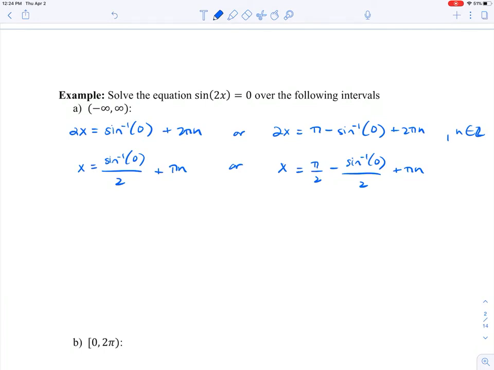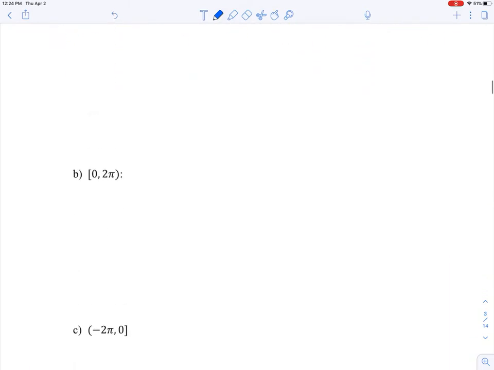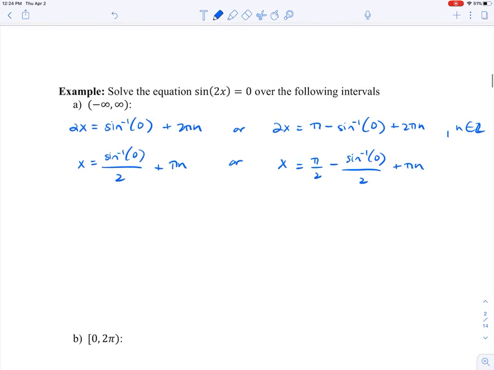Now, inverse sine of 0, we know what that is, right? Since 0 is a ratio that's from the unit circle, we can simplify this further. But technically, this would represent the general solution set. Since we're taking the inverse sine of a ratio that we know from the unit circle, we can simplify our answer slightly more, so that it's more helpful to us when we are actually finding the solutions over these different intervals.